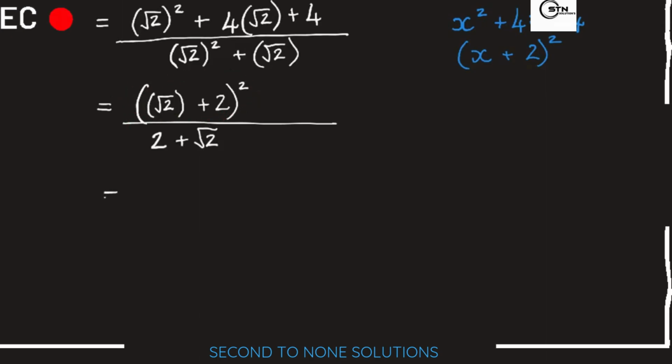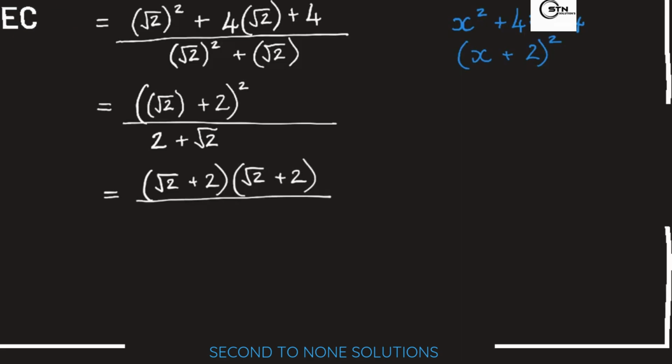Going to make this more obvious: square root of 2 plus 2 times the square root of 2 plus 2. And in the denominator, I'm just going to use the commutative property and write it in the other direction, and look at that. That cancels with that, and we are left with square root 2 plus 2. And that's it for now.